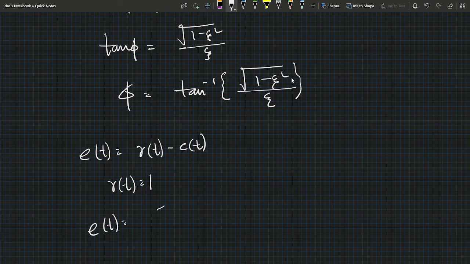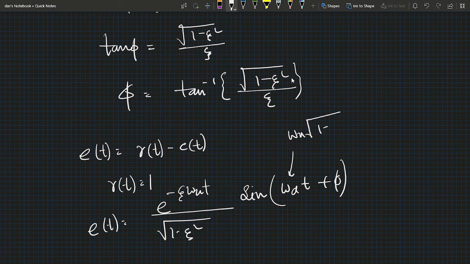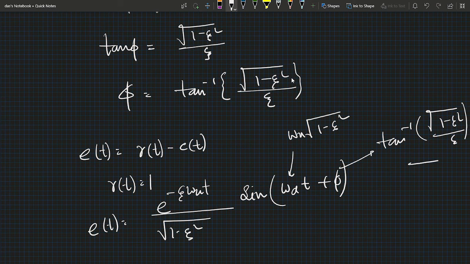Putting this value, we get another expression, e to the power minus zeta omega n t over root over 1 minus zeta square, sine omega d t plus phi, where omega d equals omega n root over 1 minus zeta square, and phi equals tan inverse root over 1 minus zeta square by zeta. So this is the error signal.